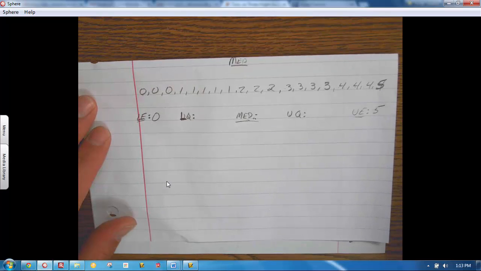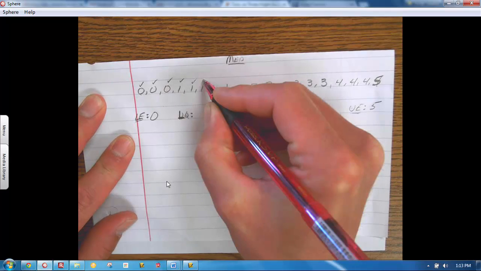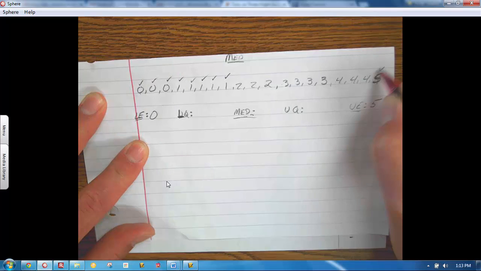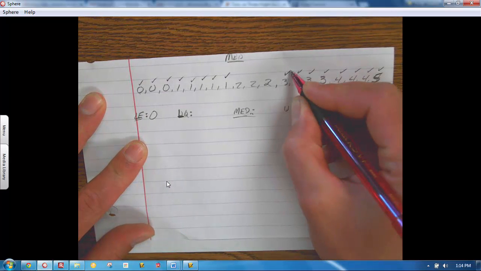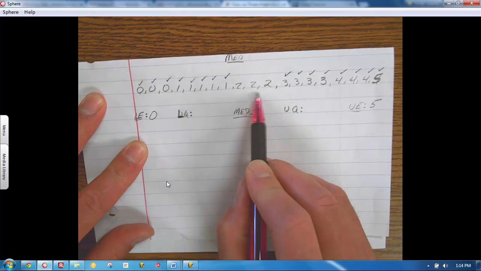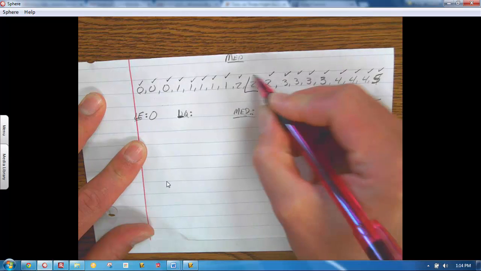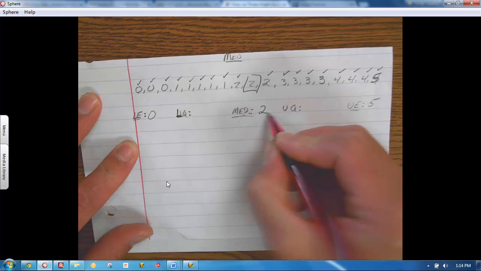So let's start with 8 from the bottom here. 1, 2, 3, 4, 5, 6, 7, 8, and then 8 from the top. 1, 2, 3, 4, 5, 6, 7, 8, and then you can see we've actually just got 3 numbers left here. So cross off that one, cross off that one, and then our median, our middle number, is 2.